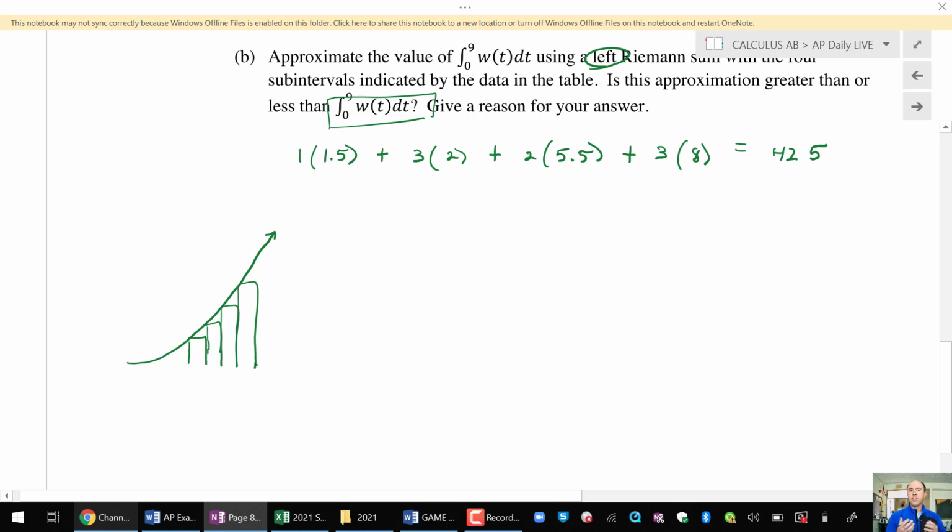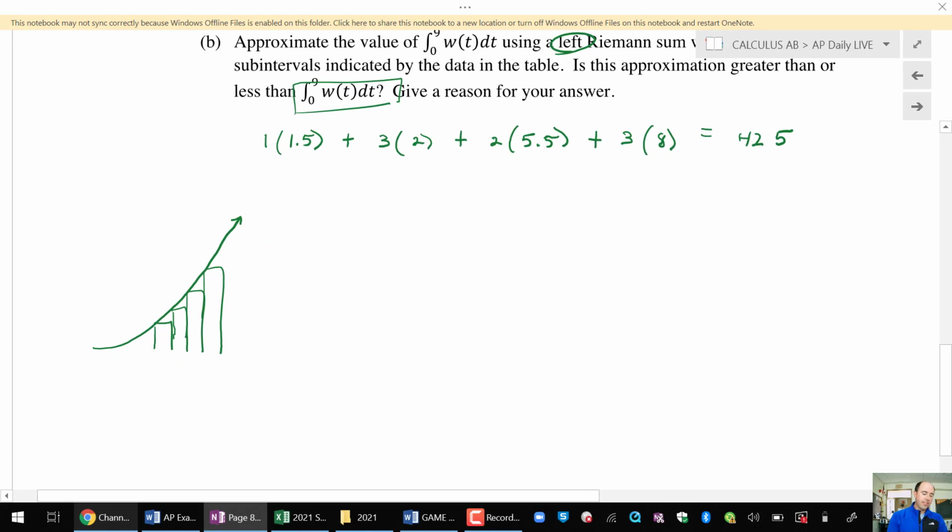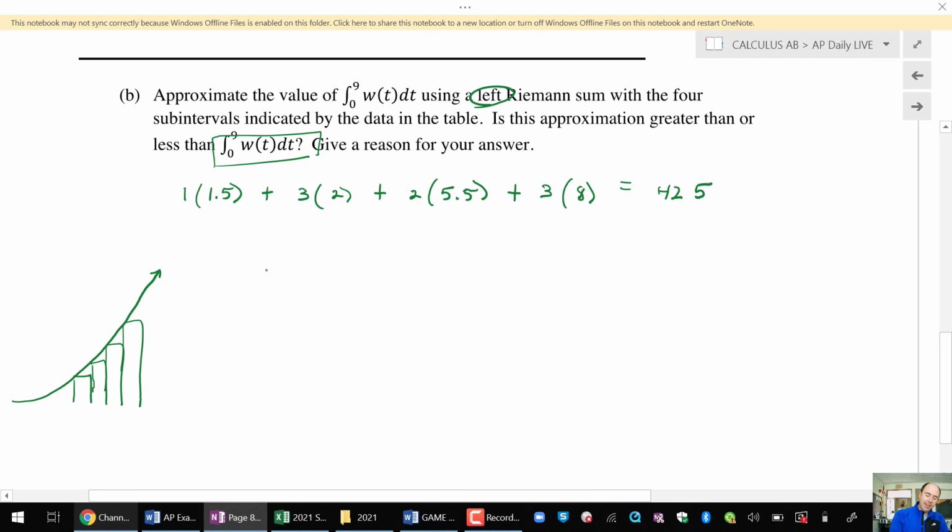So I'm going to have an underestimation of area. So the approximation is less, comma, because anytime it says give a reason for your answer or justify, I'm going to put a comma and then the word because. Because w is strictly increasing. So I have an underestimation from that Riemann sum.